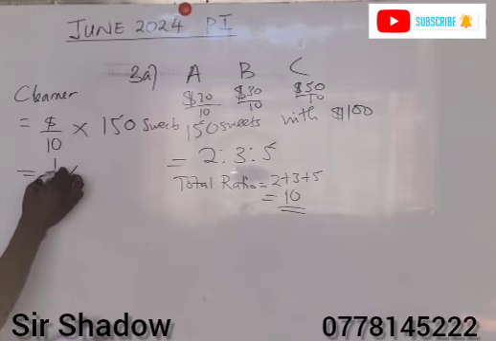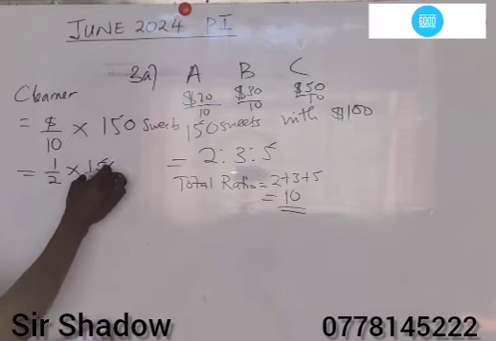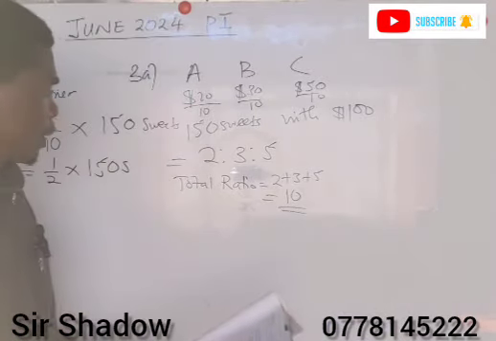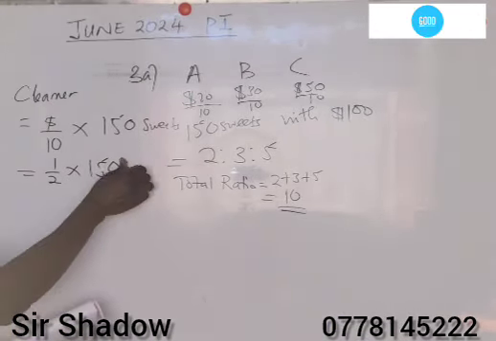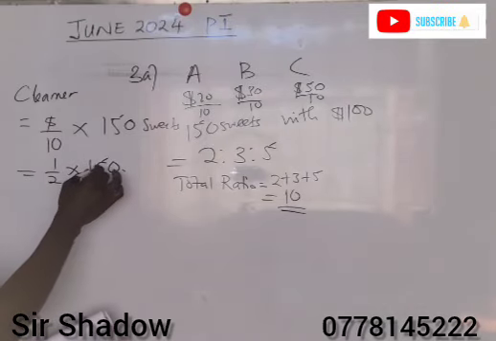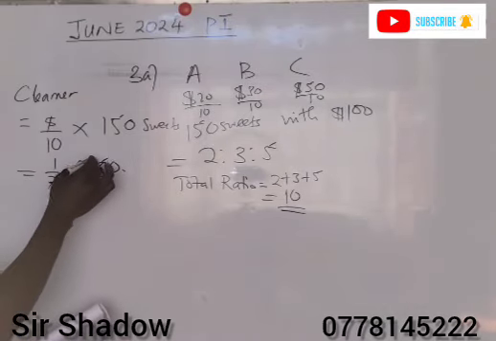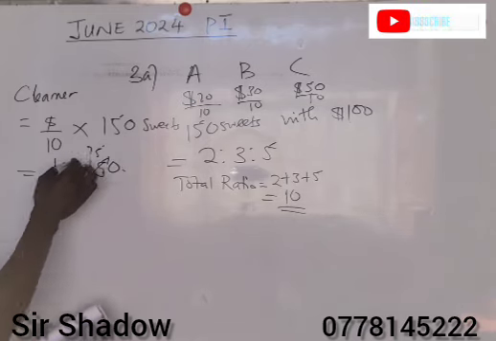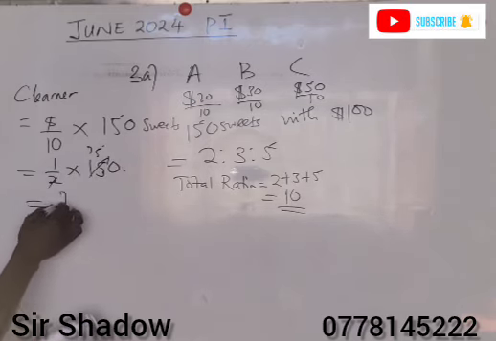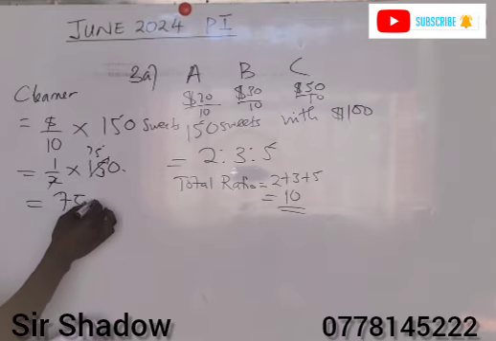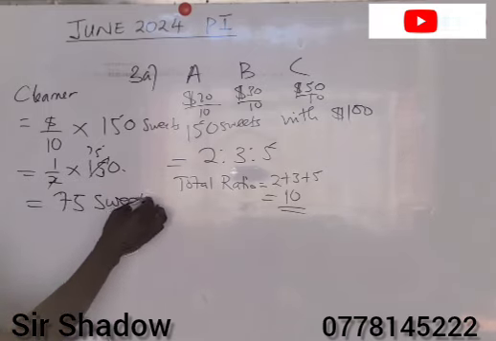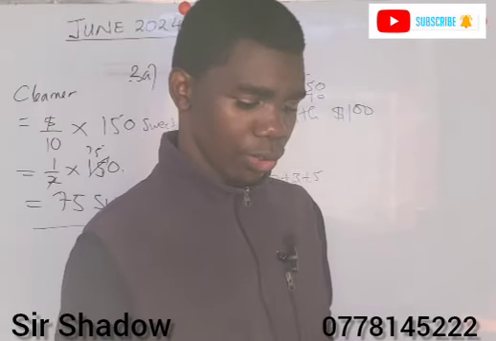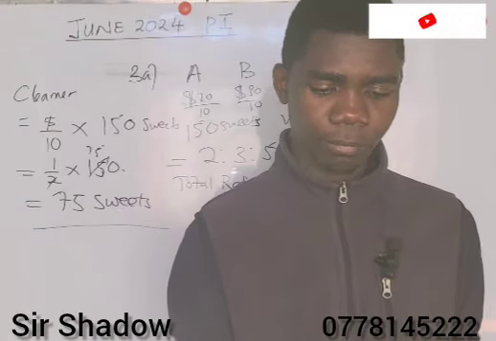It's like we are saying half multiplied by 150 sweets. So you can say 2 into 15 is 7, remainder 1, into 10, 5. Meaning that C learner gets 75 sweets after sharing these sweets according to their ratio.